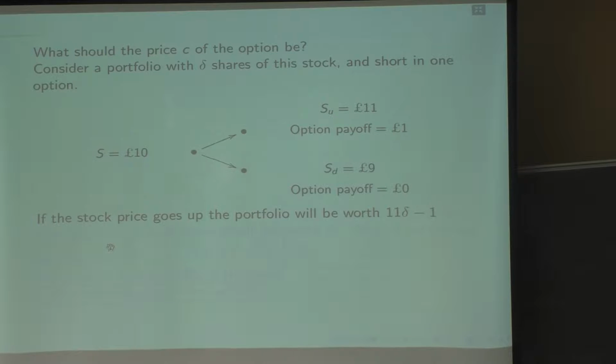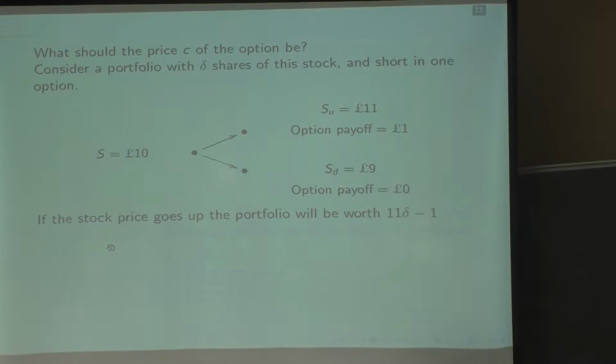Okay, so we have delta shares and minus 1 option, and then we say, let's choose delta cleverly. Let's choose it so that no matter where we find ourselves in a year, either this state of the world or this state of the world, the portfolio is worth the same. So we say, how much is the portfolio worth in this state of the world? We have delta shares, each share sells for 11.